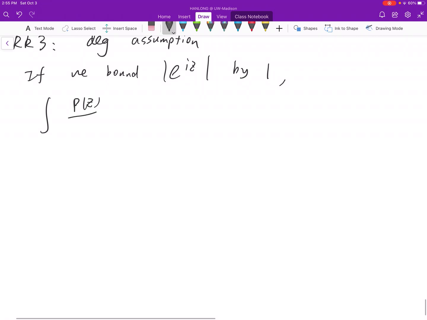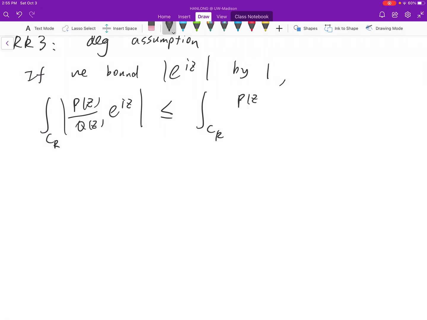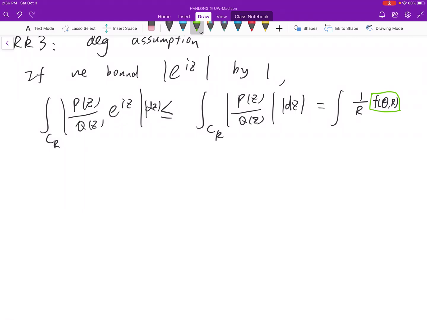On the circular part, with p z, q z, exponential i z, you bound it by p z over q z dz. Plug in the parametrization. Finally, you will have 1 over r times some function of theta and r. So this is the green part. It's bounded by a constant.